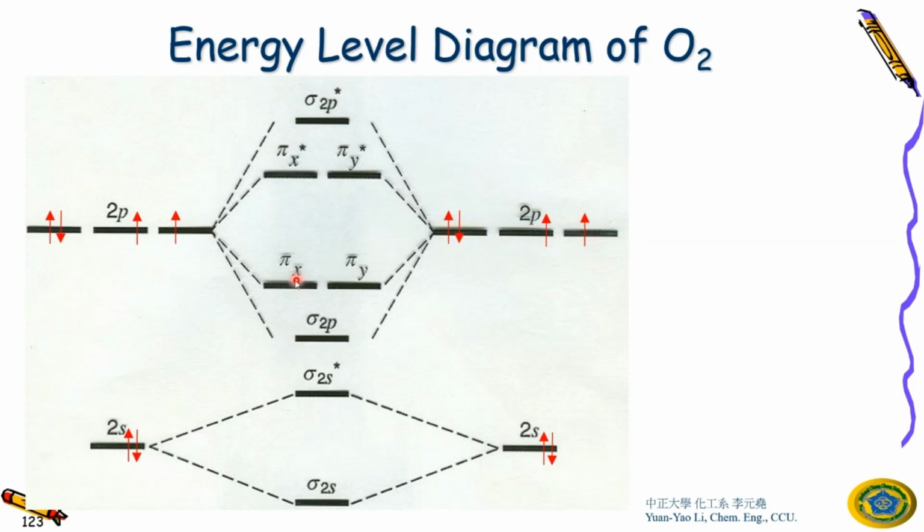Right, let's start to put these electrons into the molecular orbitals. 1, 2, 3, 4, 5, 6, 7, 8, we have 12 in total, right? 8, 9, 10, 11, and 12. So we have 6 electrons in the bonding molecular orbitals and 2 electrons in the anti-bonding molecular orbitals.